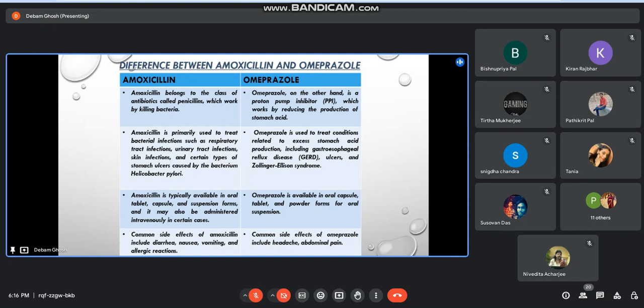Omeprazole is available in oral capsules, tablets, as well as powder or oral suspension forms. Common side effects of amoxicillin include diarrhea, nausea, vomiting, and allergic reaction. Common side effects of omeprazole include headache and abdominal pain.